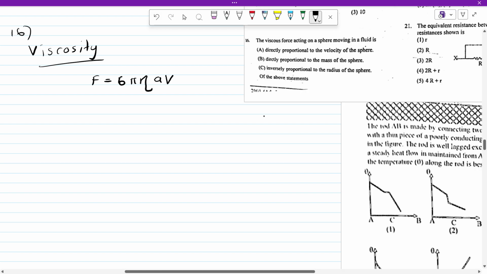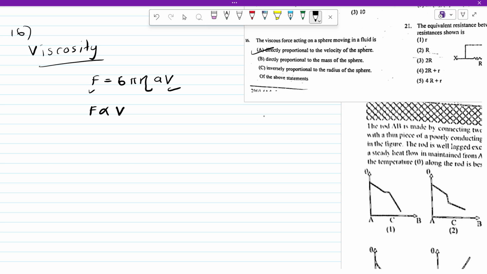According to the above equation, the viscous force is directly proportional to the velocity of the sphere. That means F is directly proportional to v. So statement A is true.